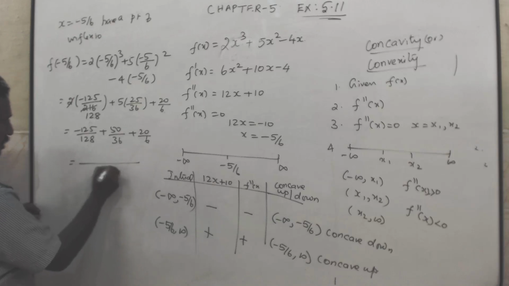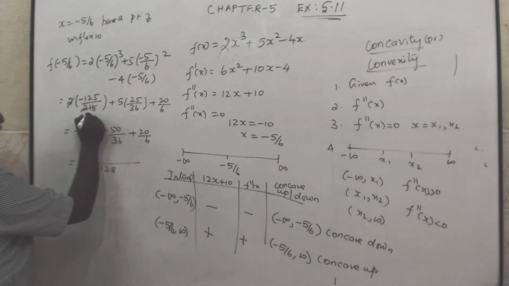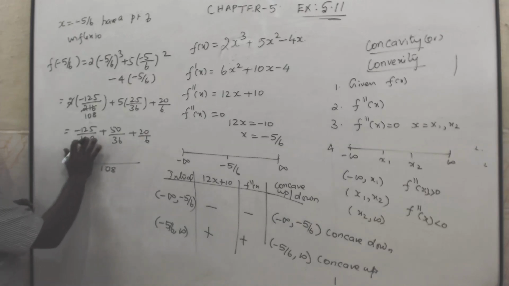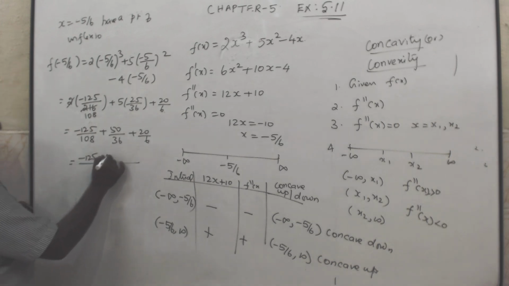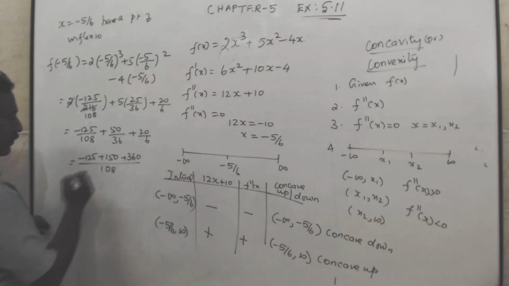LCM is 108. How many 36s are 108? 3. 3 times 50 is 150. How many 6s are 108? 18. 18 into 20, 360.